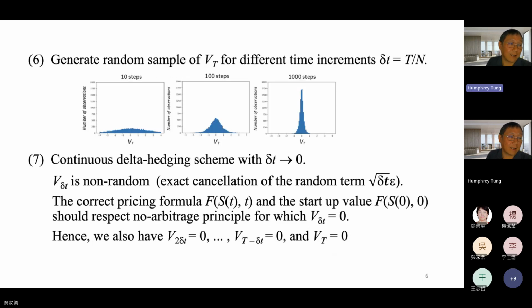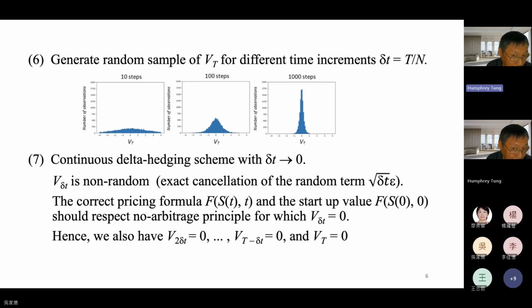Here I put in a simulation, just to try to illustrate what this means. Let's say for example one year's maturity. The first plot is where the seller only rebalances 10 times.